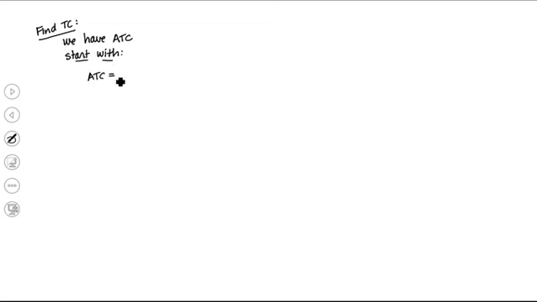So I've got average total cost, which we know is total cost divided by Q. Can I solve for total cost? Can I solve for total cost, guys? Sure. So let's solve for total cost. Total cost would be equal to what?